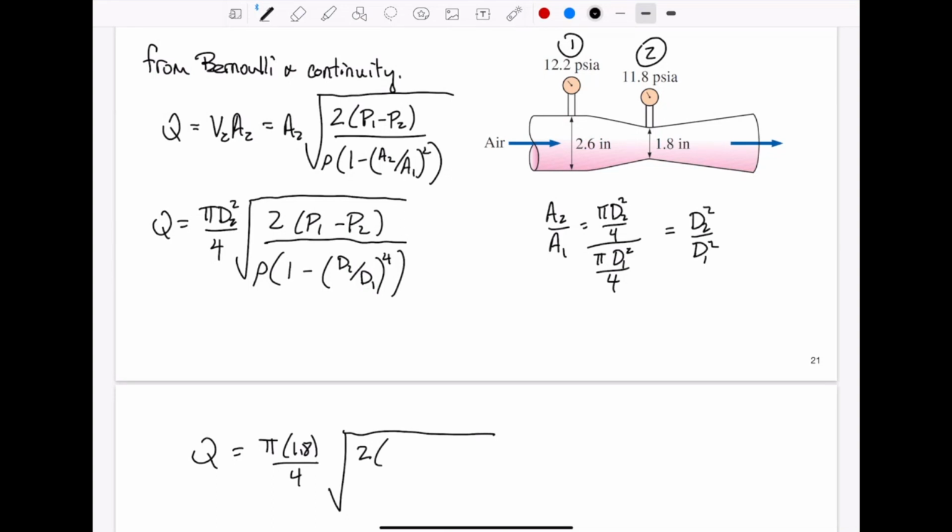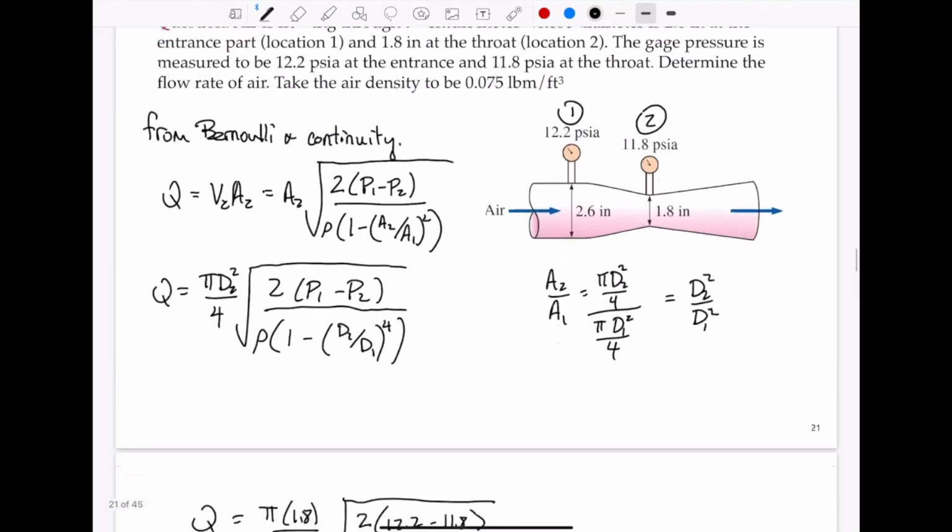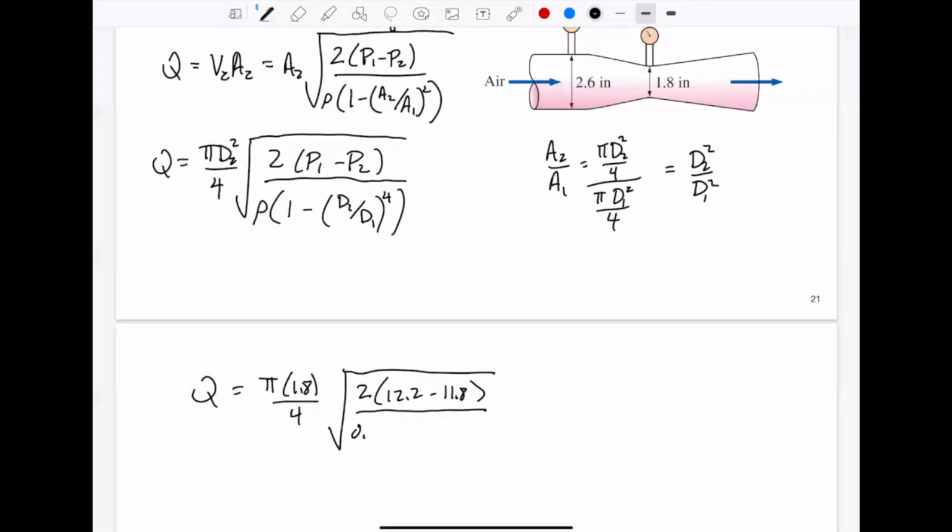Pressure at 1 is 12.2 minus 11.8, times rho, which is given as 0.075 pound mass per foot cubed. So 0.075 times 1 minus, we have 1.8 to the power 4 divided by 2.6 to the power 4.